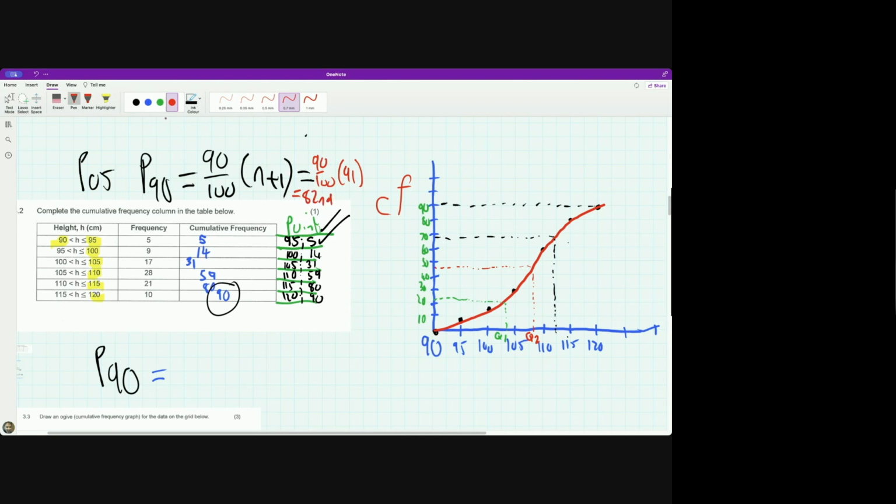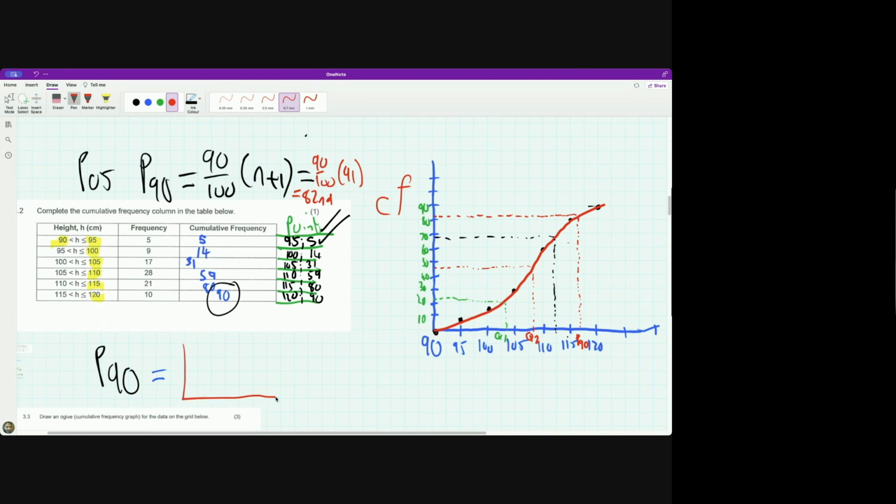Now, you need to go to the 82nd position on the vertical axis, and you need to generate me an estimate of what P90 is going to be. Where's 82? 82 is about there. I'll put P90 there.